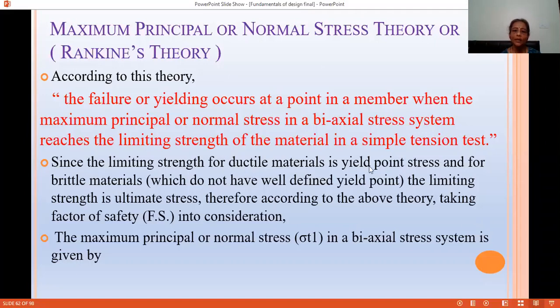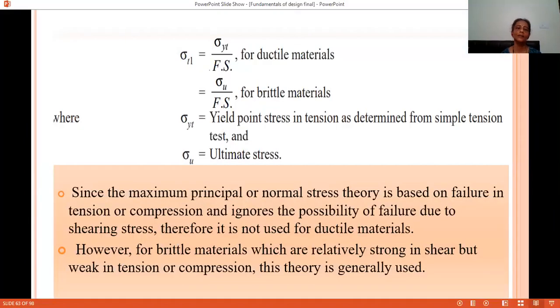Since the limiting strength for ductile material is the yield point stress and for brittle material it is the ultimate stress, when we take the factor of safety into consideration and write the formula for our tensile or normal stress, the formula is sigma YT upon factor of safety. This is the yield point stress for ductile material. Sigma U upon factor of safety is the ultimate stress for brittle material.